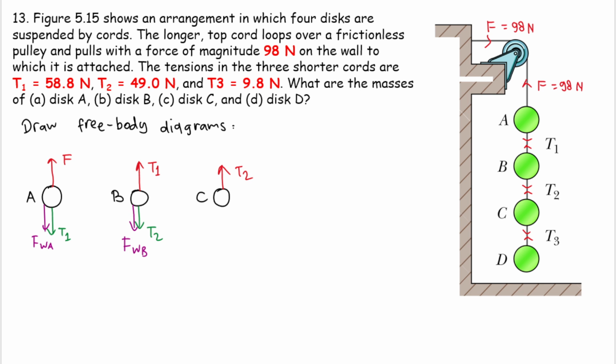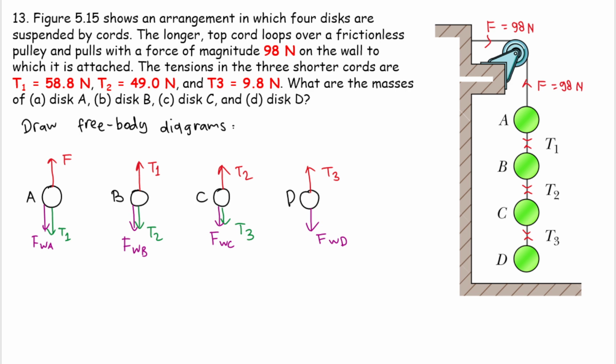But then I will have T3 pulling it down, so we'll have T3 here pulling down, but it also has its own weight, so I will have the force of weight C. Good, and we need one more free body diagram, on the disc D. Now we have T3 pulling up like this, and the only force pulling it down is the weight of D. So I'll have the weight of D here.